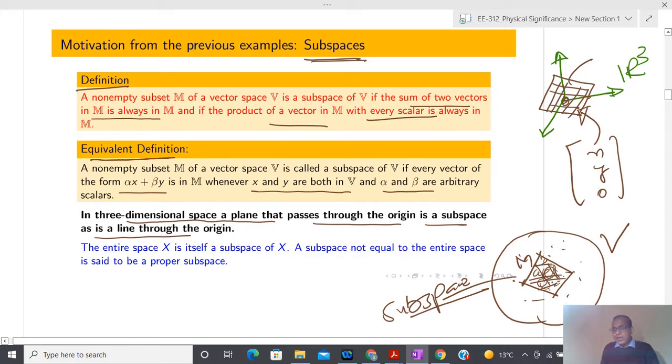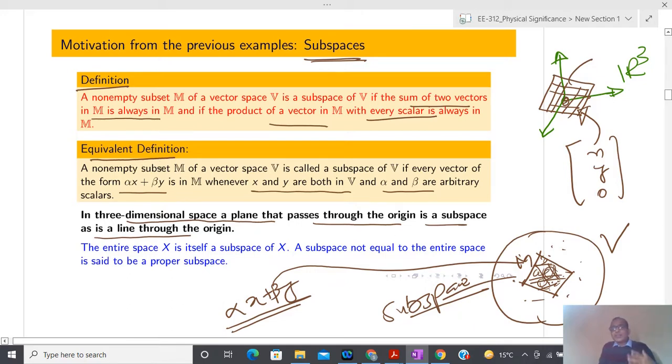What I mean to say is that I have this space M. Now I can take two vectors x and y, and since I also have to check that the product of a vector with a scalar remains in this space, I have applied scaling with alpha and beta, and after doing this scaling I have shown that the result is in here. So either you can check this definition or this definition.